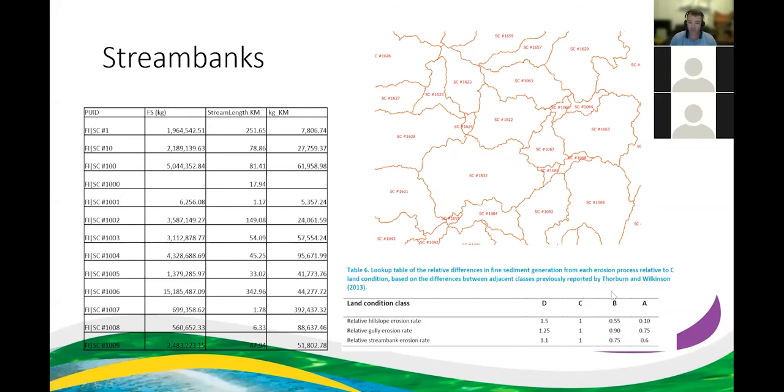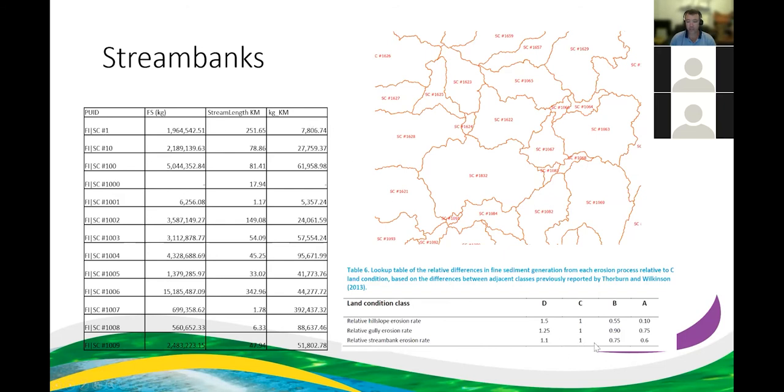Then we look up this table here, which is from a report that Peter Thorburn and Scott Wilkinson did way back in 2013. In here we have this rate. We assume that relative to C, the way to read this is C is 100% of the erosion loss.